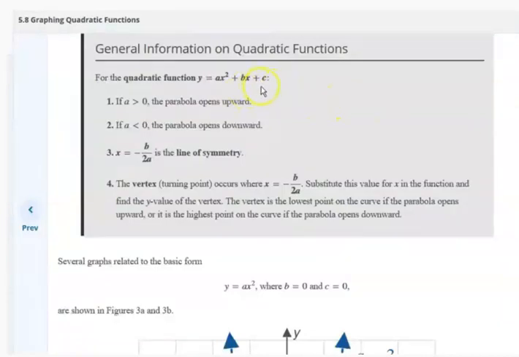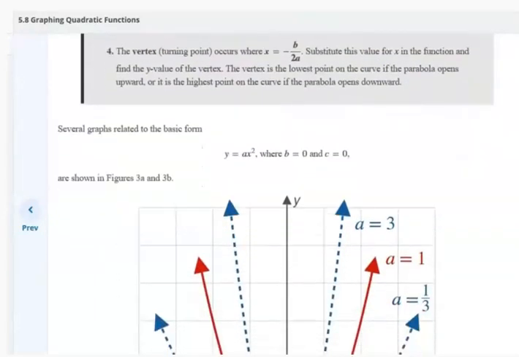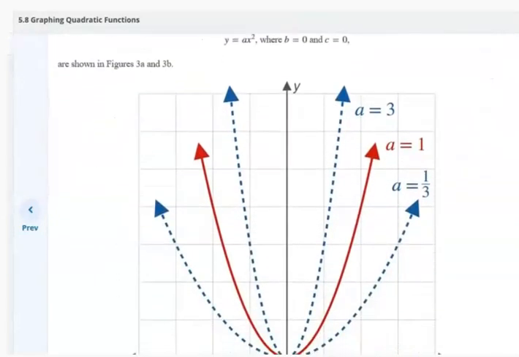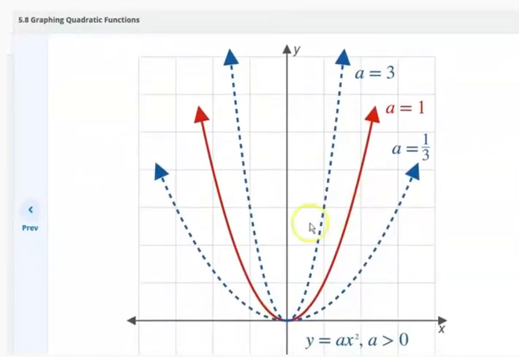Now, again, continuing the review in the Learn, and there's the formula for the vertex. Now, I'd like you to take a moment and sketch this. Basically they're showing here that if the A value is, let's say, a fraction, 1/3, the parabola opens up very wide.